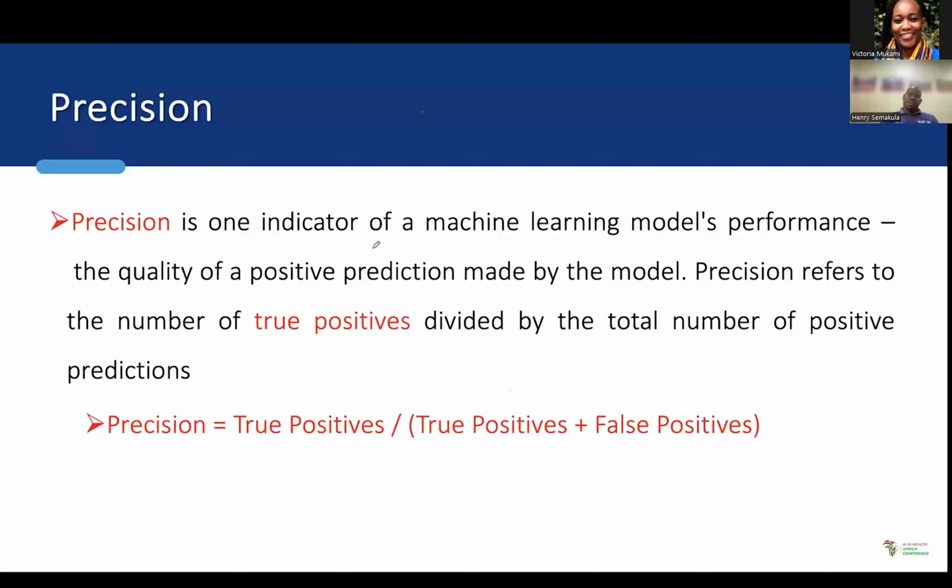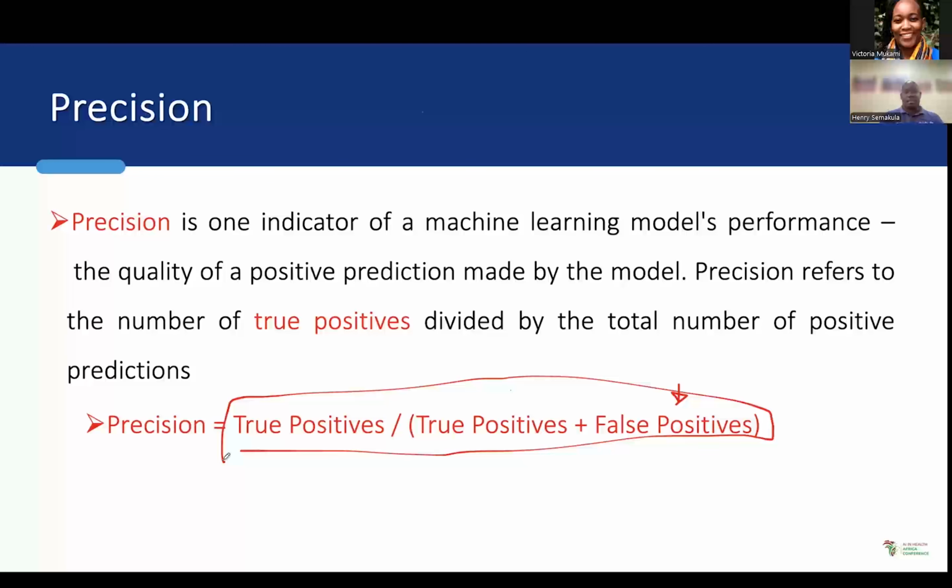Remember, these false positives are wrong predictions made by the model to classify a person, in our example, as having cancer, yet in actual sense the person has no cancer. So precision focuses alone on the true positive predictions made.